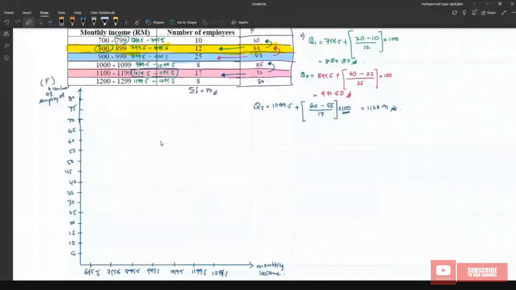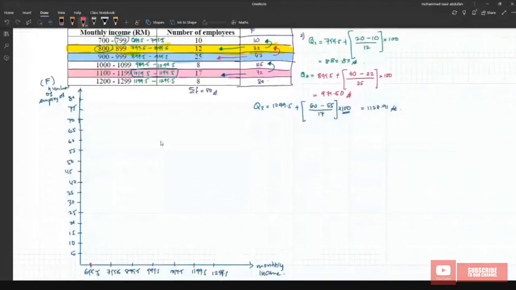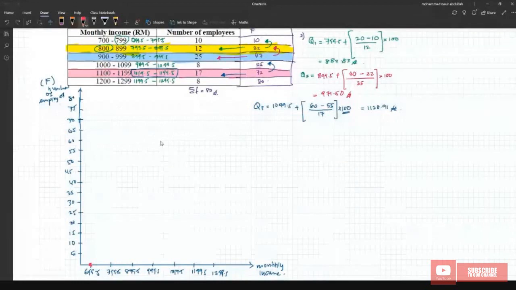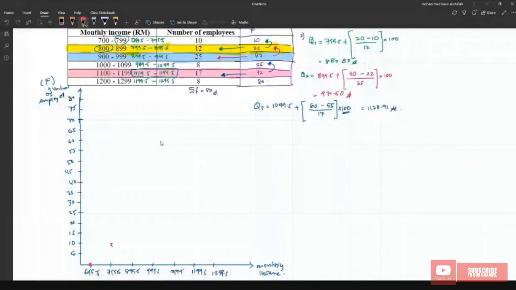So to draw a less than ogive, we start with the lower class limit of the first class, which is equal to 0, and less than 799.5 is equal to 10, right? And less than 899 is equal to 22. So 22 is somewhere here, right? And 999 is 47. 47 is somewhere here.